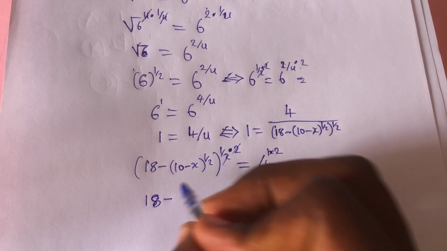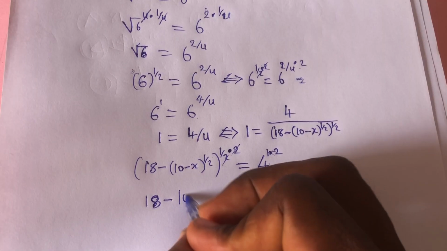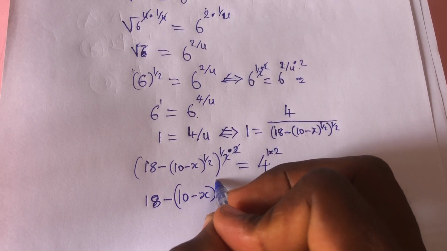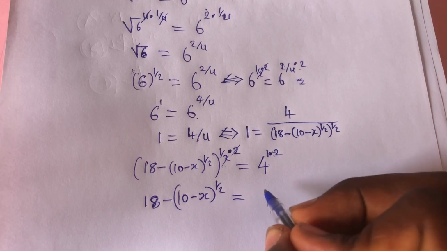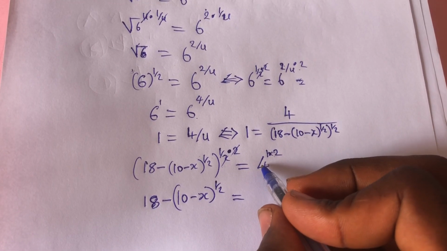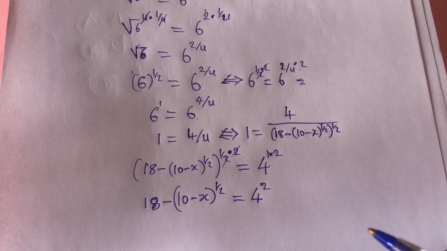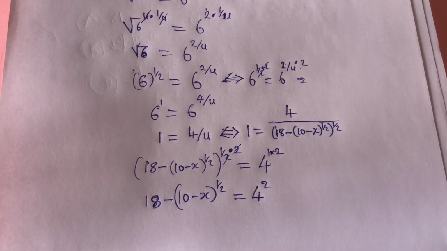So what we have here is 18 minus 10 minus x raised to the power 1 over 2 is equal to 4 raised to the power 2.